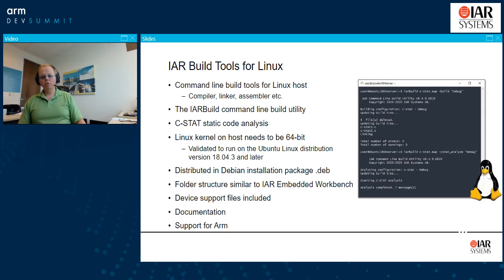And the folder structure mirrors the underlying folder structure on the Windows-based Embedded Workbench for ARM. So that makes it much easier to find different things, and it means that you're not going to run into any problems where things aren't in the same folder position when you're looking for semiconductor company specific files, such as header files, flash loaders, etc. It's all going to be in the same relative path position as it is in the Embedded Workbench for ARM on a Windows-based system.